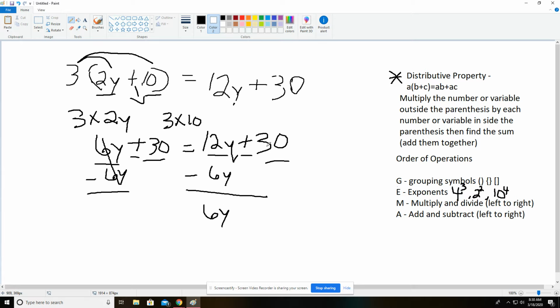And then I'm going to have to subtract my 30 to the other side. 30 goes away. When I subtract 30 from 30, this 30 goes away also. So what I'm left with is 0 equals 6y. And I know that if I divide 6 by 0, that means y equals 0.